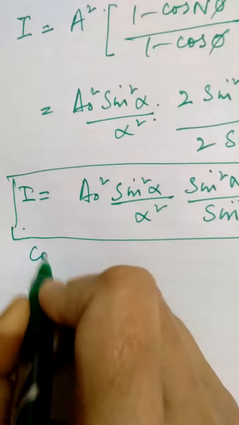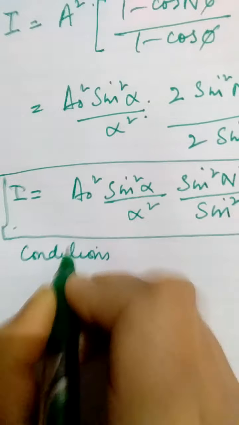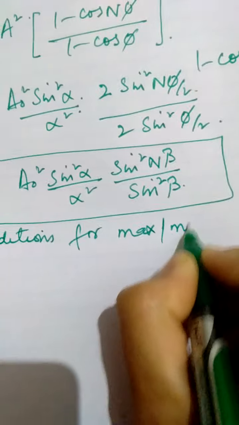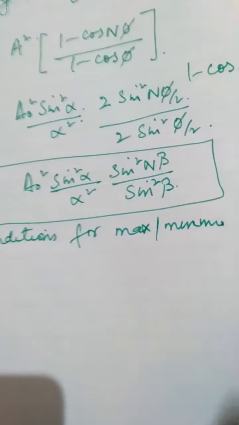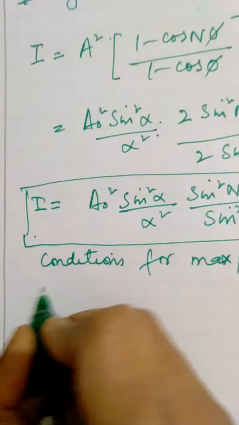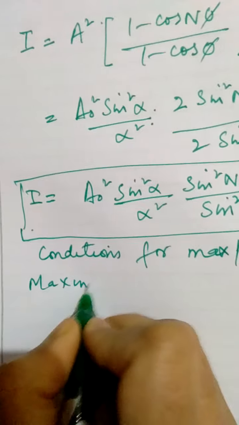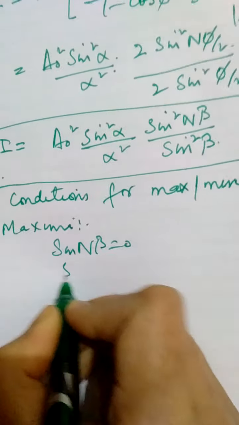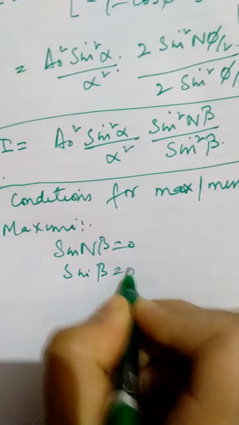But you need to find the maxima and minima. You need to find the conditions for maxima and for the minima. Right? Now, for maxima first, see if we assume that sine n beta is 0 and sine beta is 0, right?